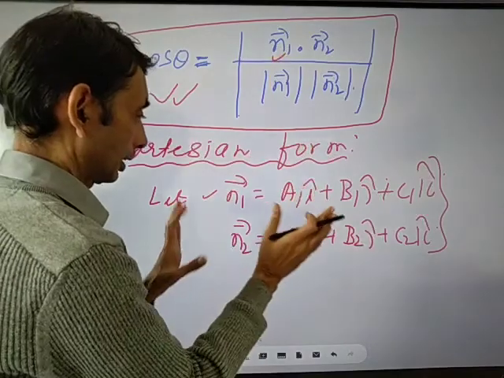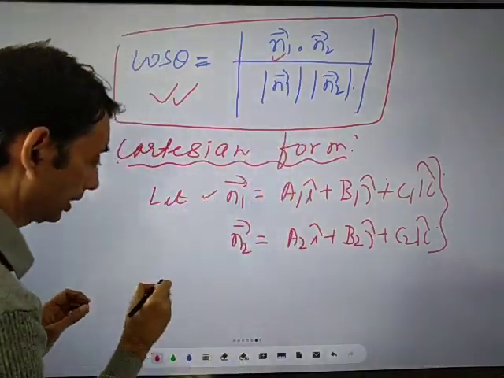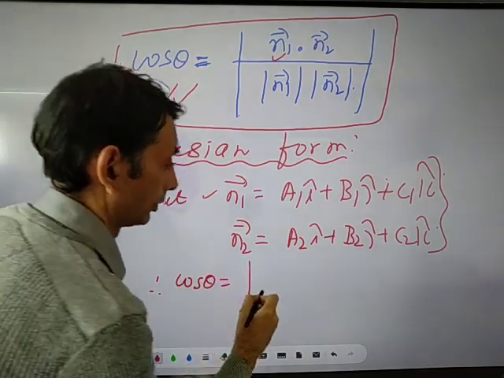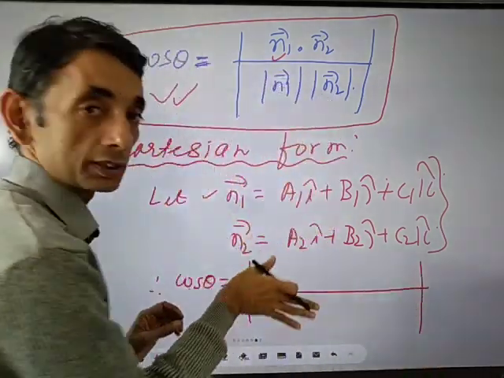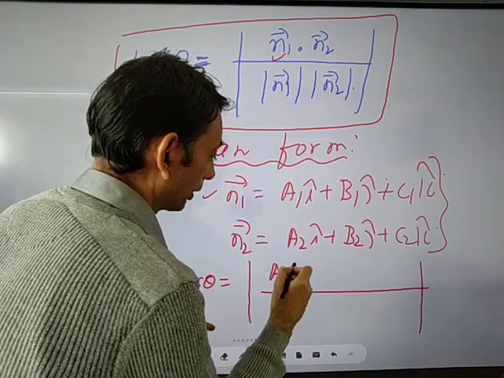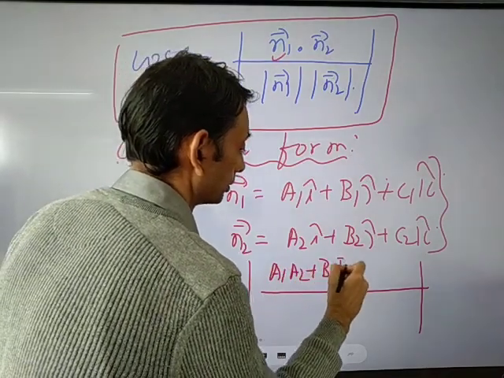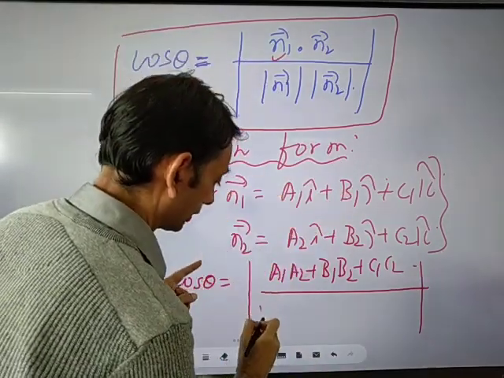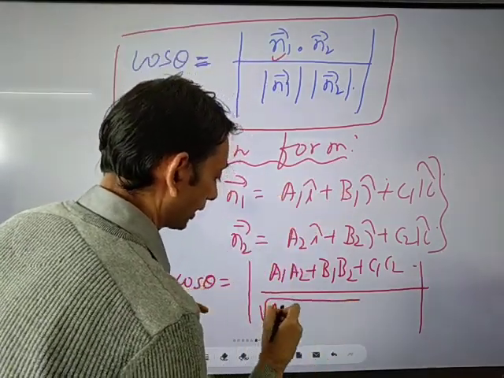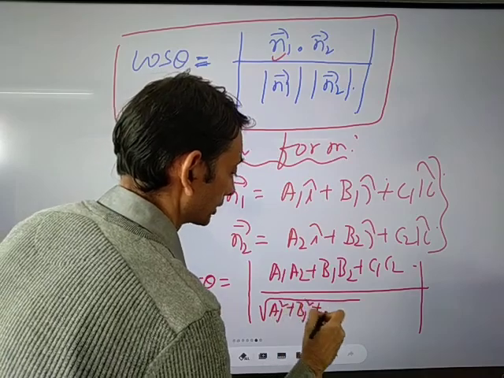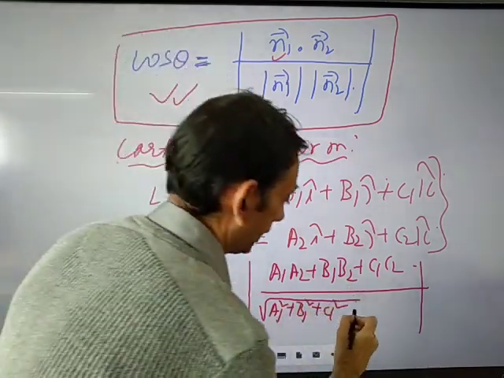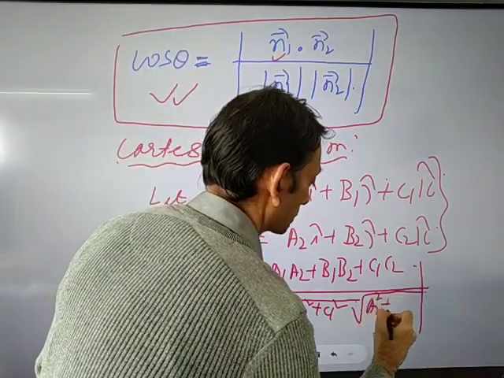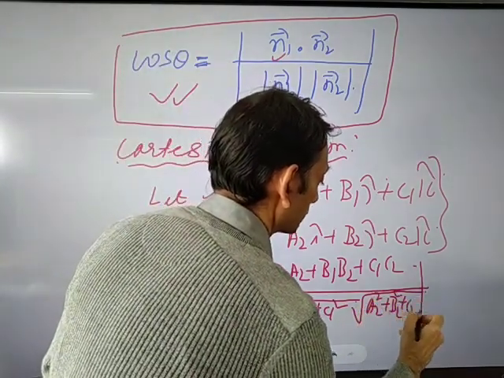So we'll put the values in this particular formula. Therefore, cos theta can be written as follows. Using the dot product between these two vectors, we get a1 a2 plus b1 b2 plus c1 c2, and the mod of n1 gives us the square root of a1 square plus b1 square plus c1 square, and mod n2 is the square root of a2 square plus b2 square plus c2 square.